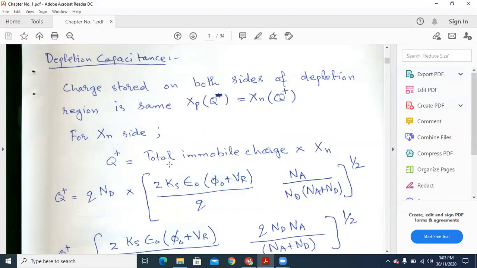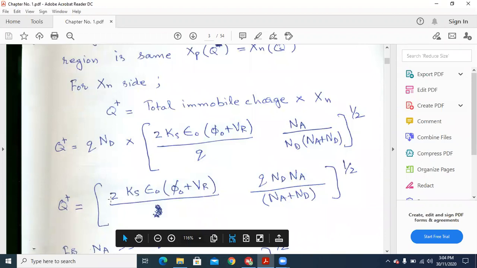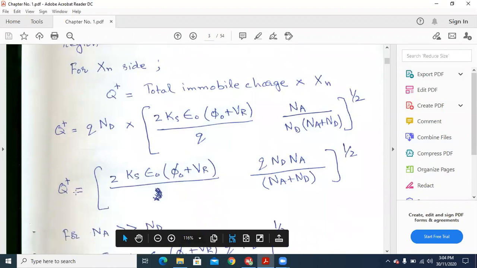We multiply the total immobile charge carriers by the depletion width, and the total immobile charge is equal to Q times the doping concentration. So this depletion width, when multiplied by the total immobile charge carriers, will give you the value of total charge.